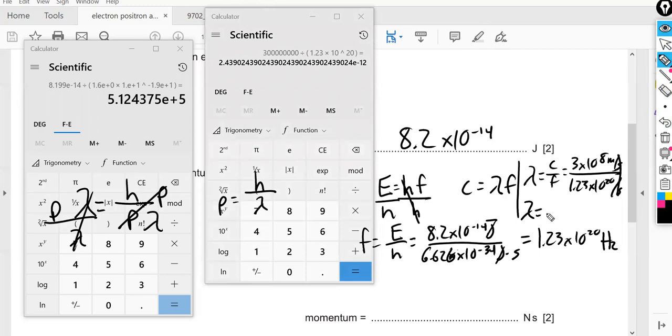So that gives us a wavelength of 2.4 by 10⁻¹² meters. A trillionth of a meter, a picometer, is the range that we're in here.